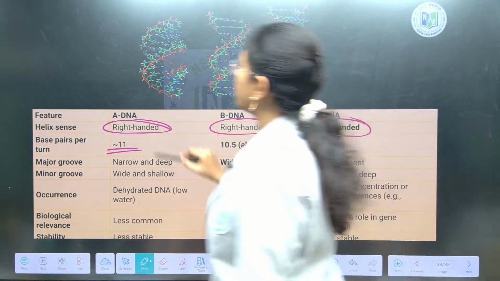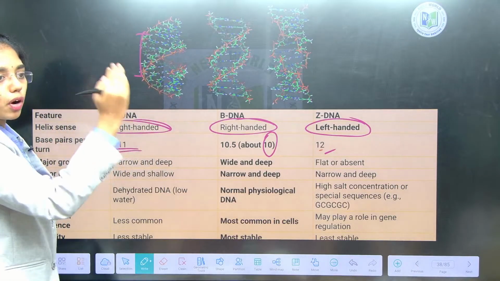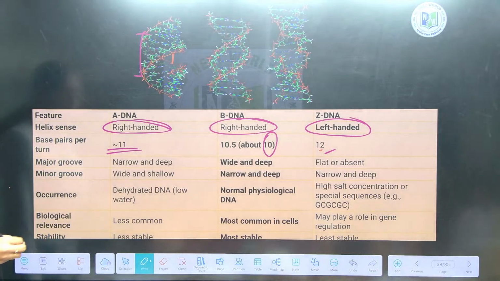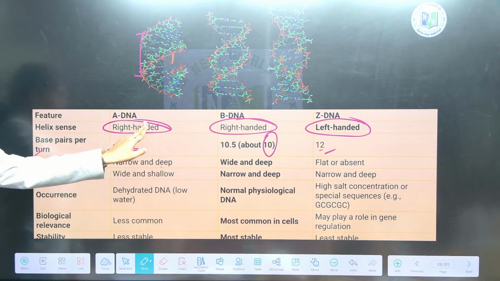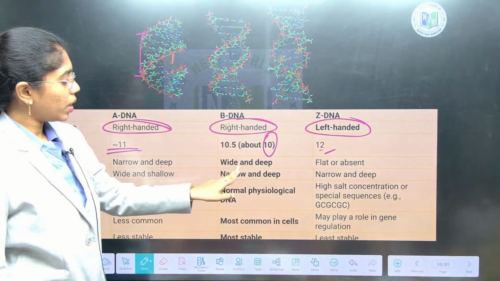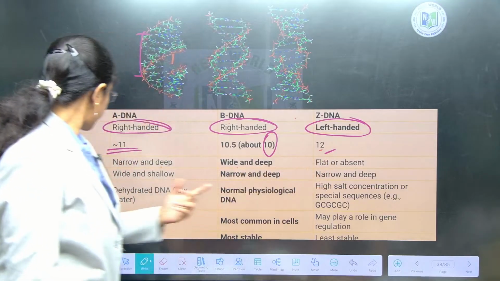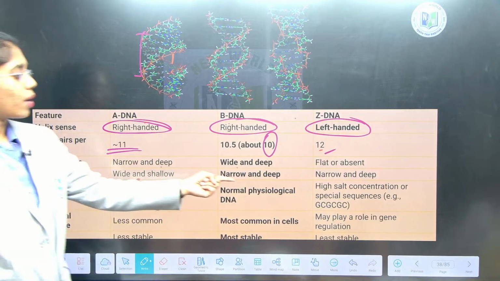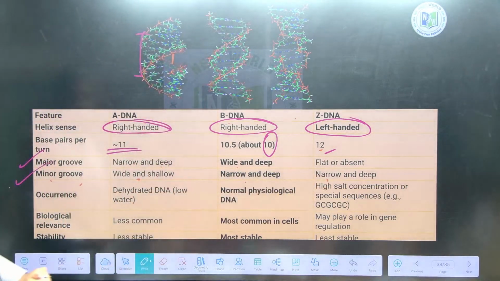Major groove means this is addressed as major groove, the gap which is formed because of the turns, and this is addressed as minor groove. Major groove shapes are important. It is narrow and deep in A type DNA, B type DNA it is wide and deep, Z flat or absent. Minor groove is wide and shallow in A type, narrow and deep in B type, narrow and deep in Z type DNA as well.